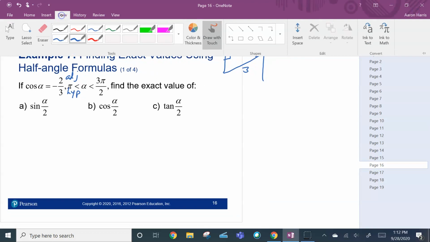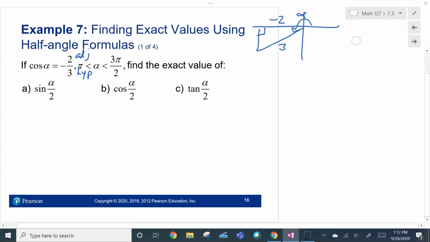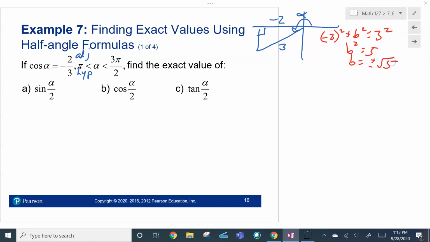Go ahead and solve for that other side. So a squared plus b squared equals hypotenuse squared. So b equals plus or minus root 5, and we name it negative root 5 because our sign is negative in quadrant 3. Okay, so we've got that.